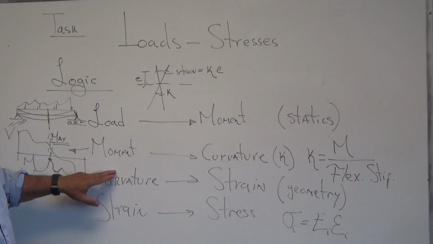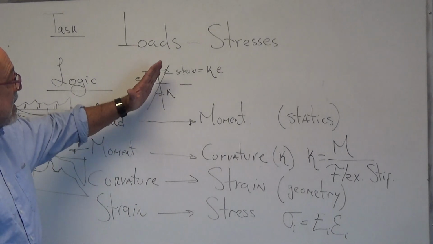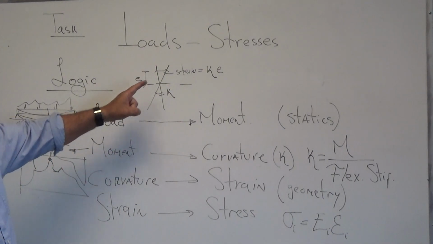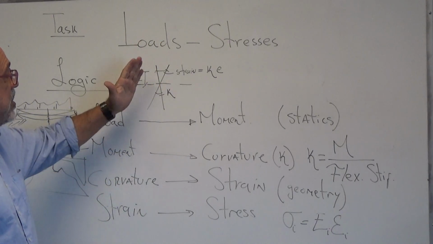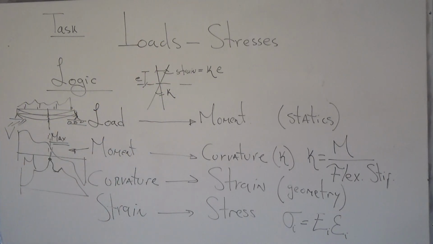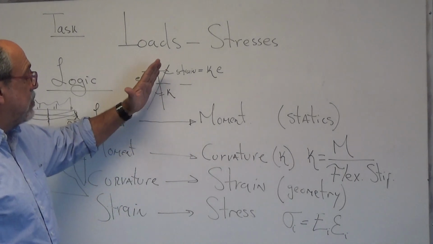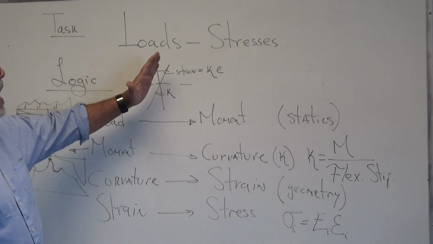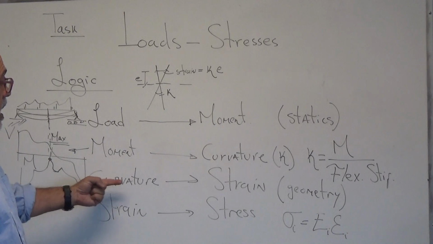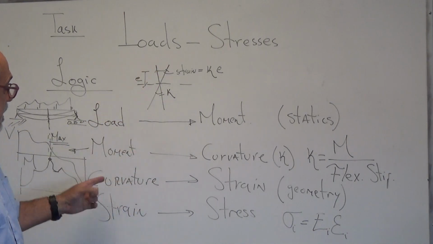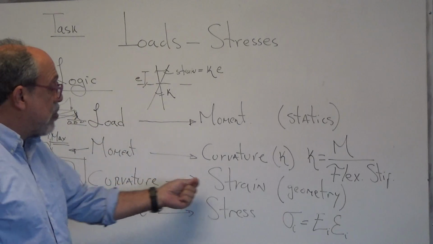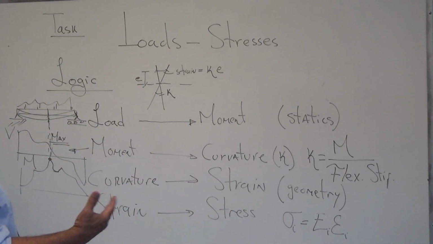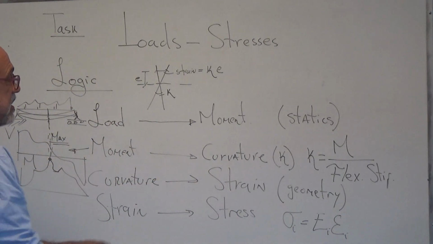Once we know the curvature, that is the slope of the strain diagram in the cross section, and it crosses zero at the neutral axis, which we will also have to locate. From the curvature we calculate the strain, wherever we are asked to calculate the stresses.